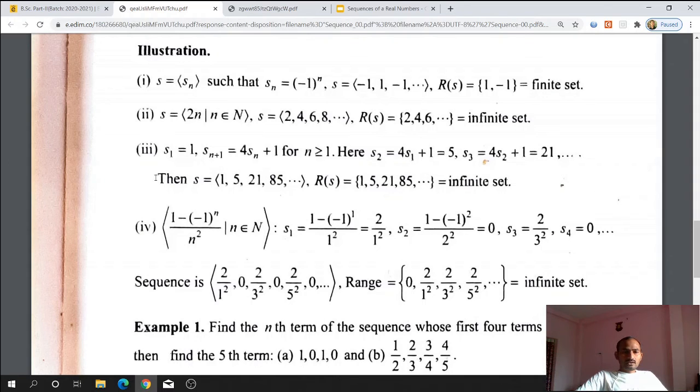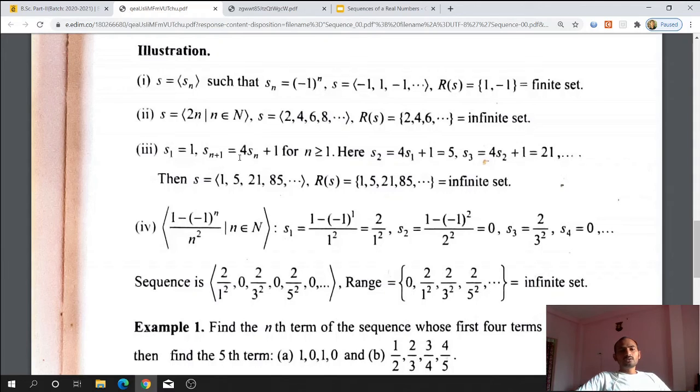So let's take another example for the third method. S1 is equal to 1 is given, which means the first term of the sequence is 1, and the (n plus 1)th term is given in terms of Sn. So Sn plus 1 is equal to 4Sn plus 1 for all n greater than or equal to 1.